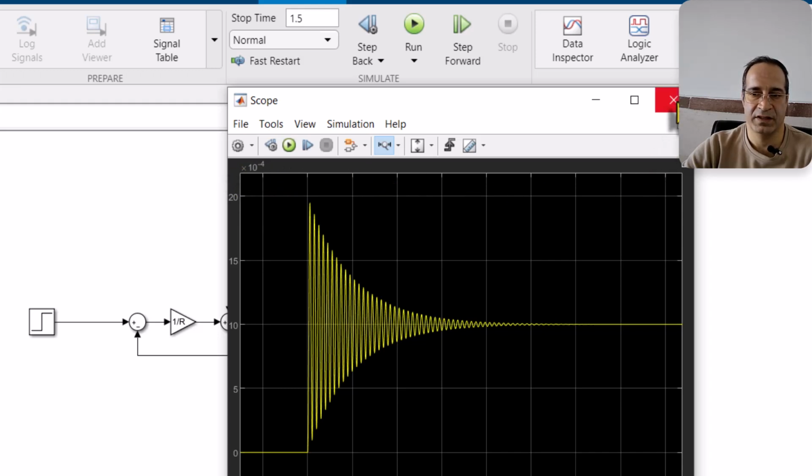That's completely correct. Actually, this is 1 milliamp, which is completely correct because of the resistor value, which is 1K, and the input voltage over 1K gives us 1 milliampere.